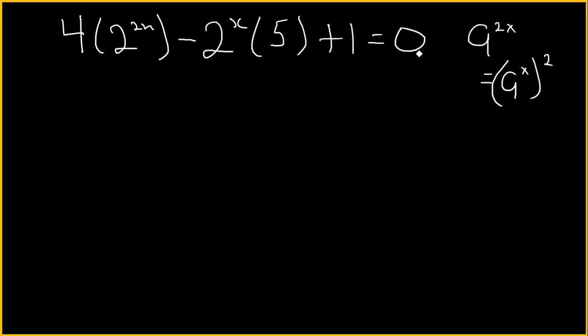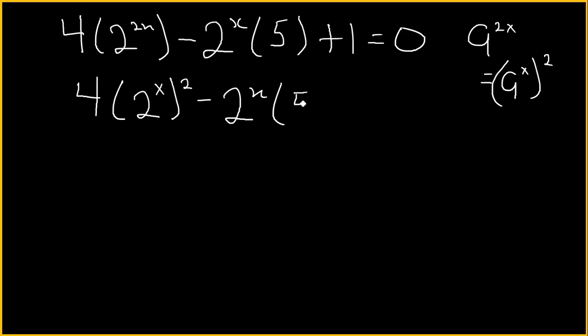We are going to change this to the form of this. Now 4 into bracket 2 raised to the power x, all squared, minus 2 raised to the power x by 5, plus 1 equals 0.